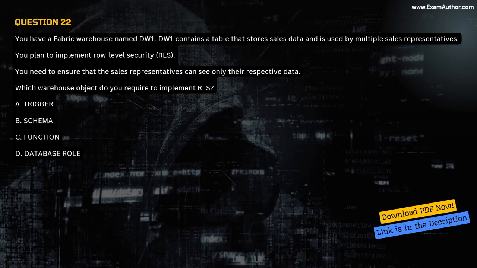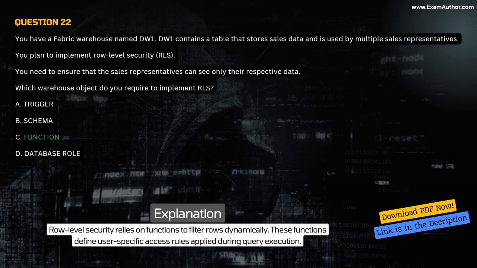A. Trigger. B. Schema. C. Function. D. Database role. Correct answer C. Function. Explanation. Row-level security relies on functions to filter rows dynamically. These functions define user-specific access rules applied during query execution.